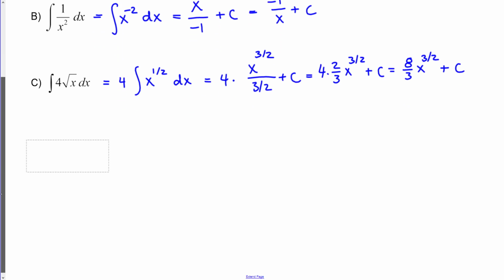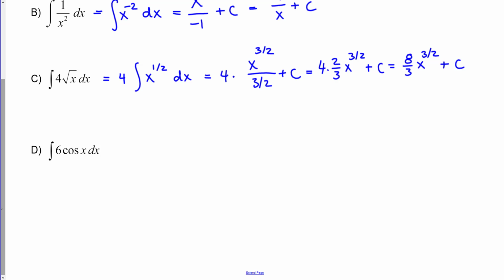D, the antiderivative of 6 cosine x dx. 6 is a constant multiplier that can be removed, and then I'm left with the antiderivative of cosine x dx.